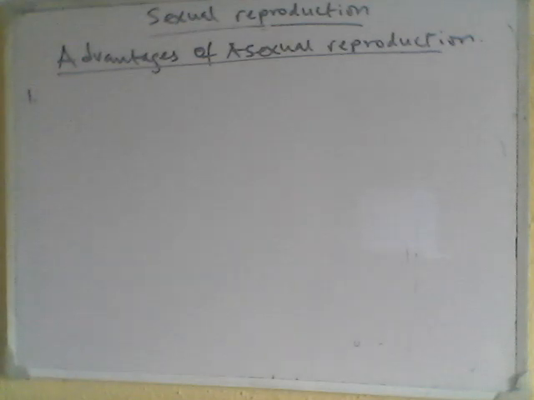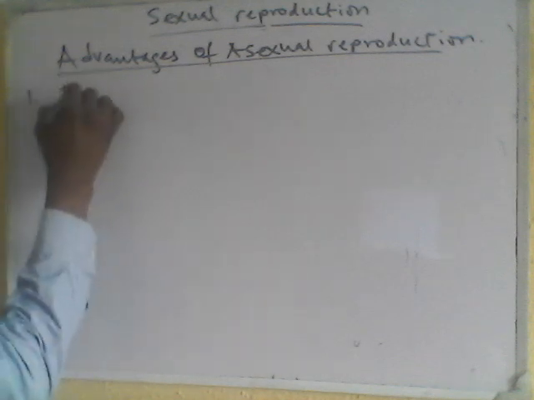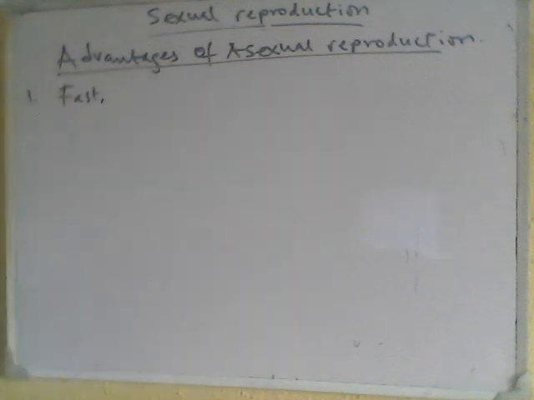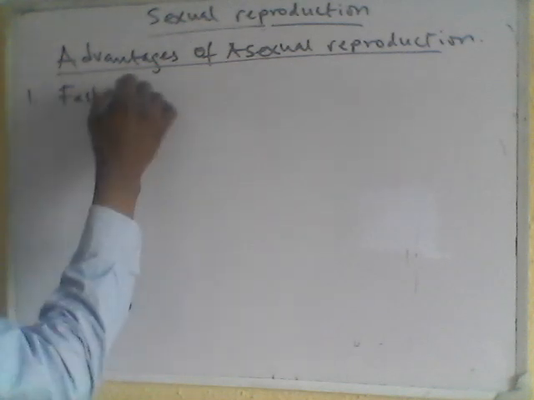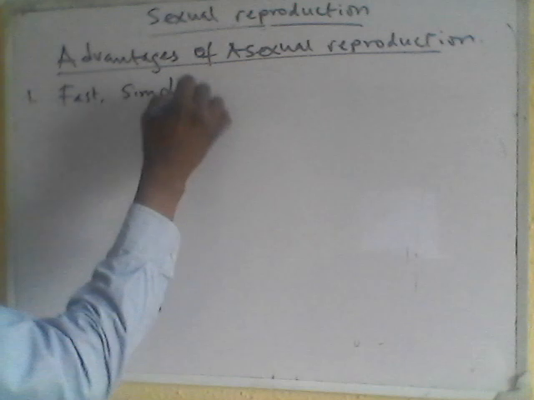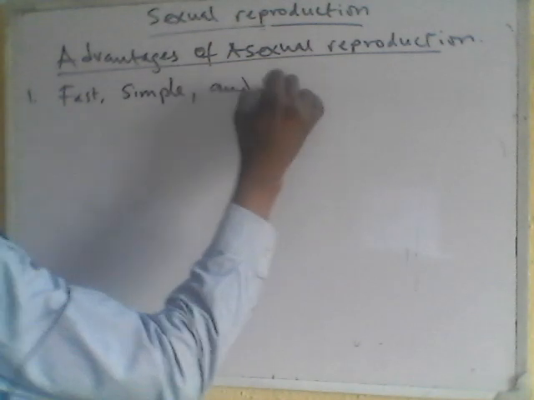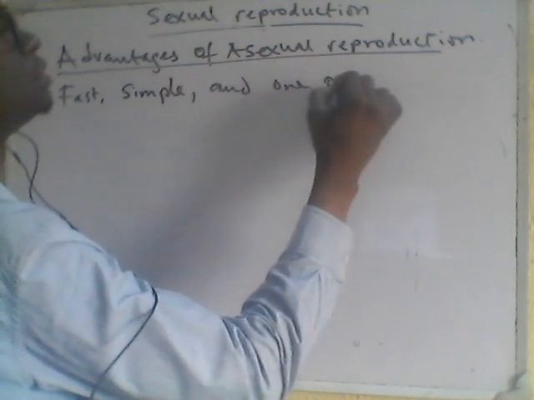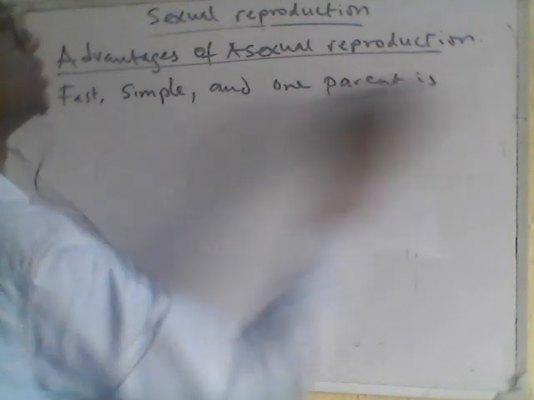So we'll quickly move to the advantages of asexual reproduction. Number one advantage is that it is fast, it is simple, and one parent is needed.